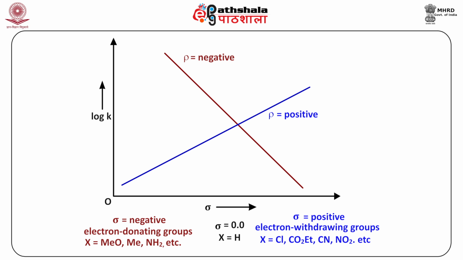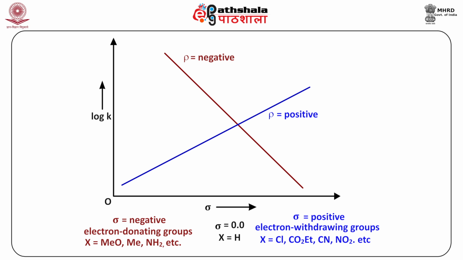For benzoic acid, we take rho as 1. If the value of rho is between 0 and 1, then the effect is as in benzoic acid but lower because the value is less than 1. A negative value of rho indicates that the influence of the substituent is opposite to that of benzoic acid.